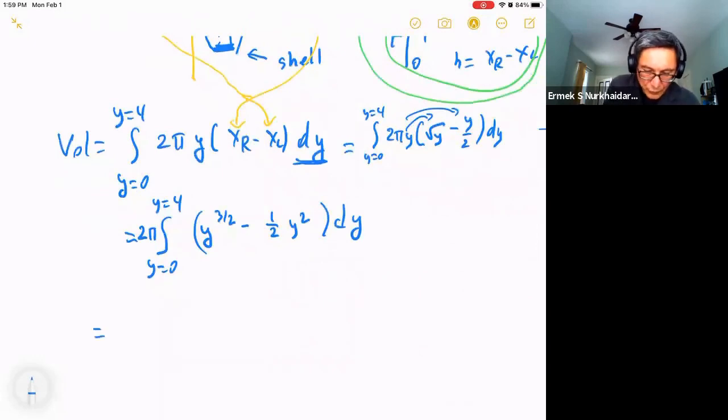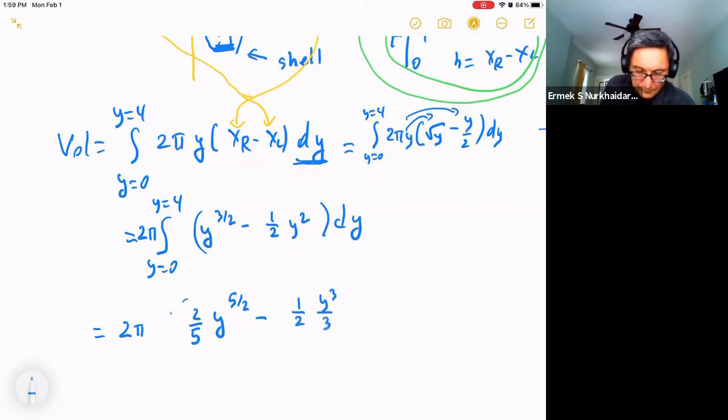So we're going to get 2 pi times the antiderivative of y to the 3/2, which is y to the 5/2 multiplied by the reciprocal, 2/5, minus the antiderivative of y squared, which is y cubed over 3, times 1/2. And we're doing it from 0 to 4.